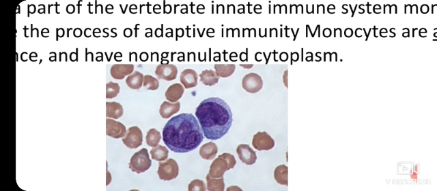The main function of the monocytes includes active phagocytosis. Monocytes follow the neutrophils in the areas of infection and inflammation and constitute a second line of defense. Monocytes enter the circulation from the bone marrow, but after 72 hours, they enter the tissues to become tissue macrophages.